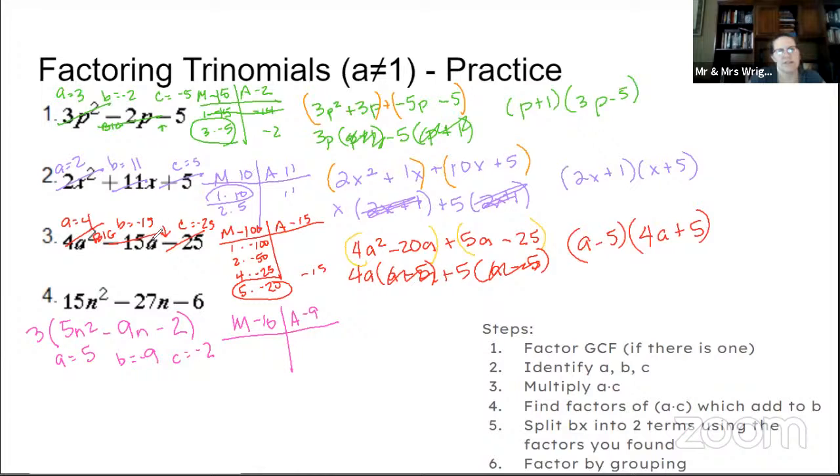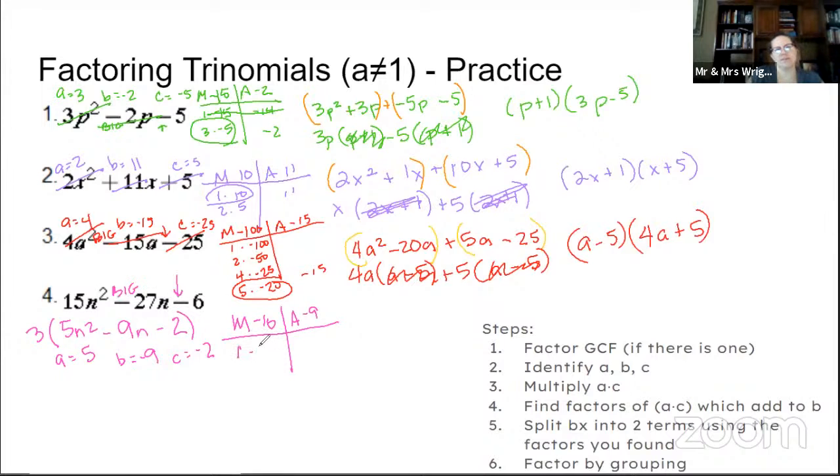Multiplies to b, meaning the word b, not the letter b, which is what we're adding to, right? So multiplies to negative 10, which means we're going to have different signs, and the bigger number will be negative.